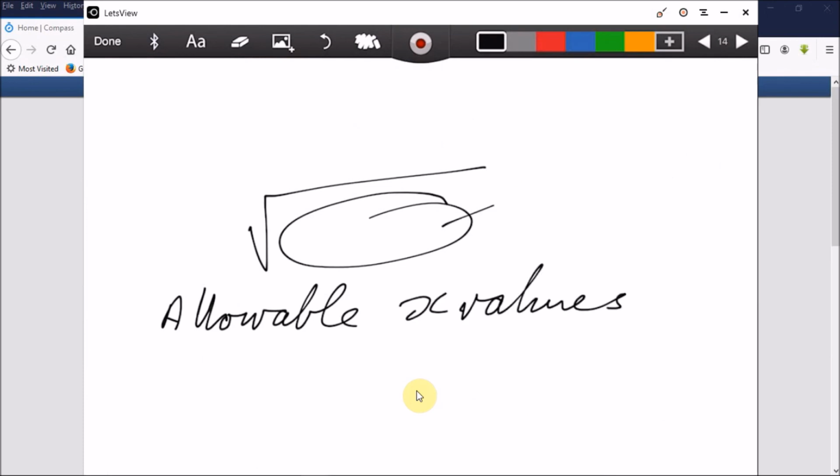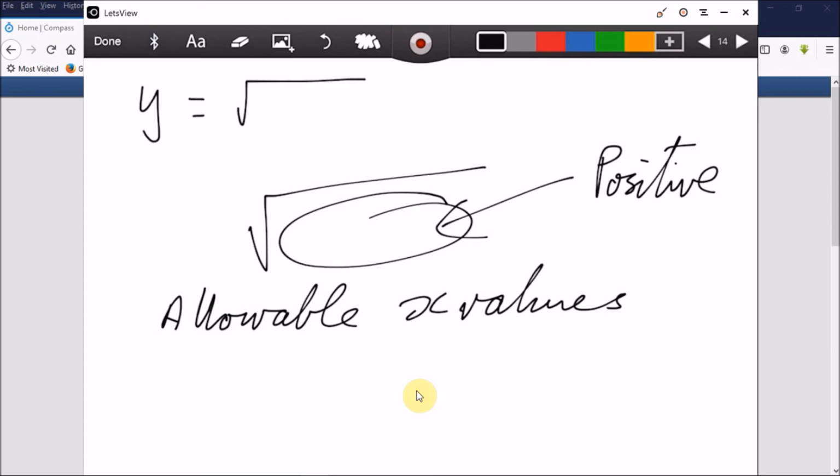Because whatever it is here, it's got to be positive. So say y equals the square root of, say, x plus 3, for example.